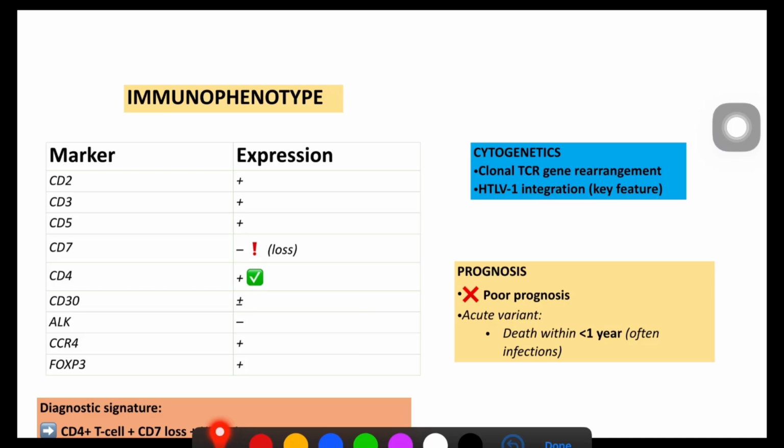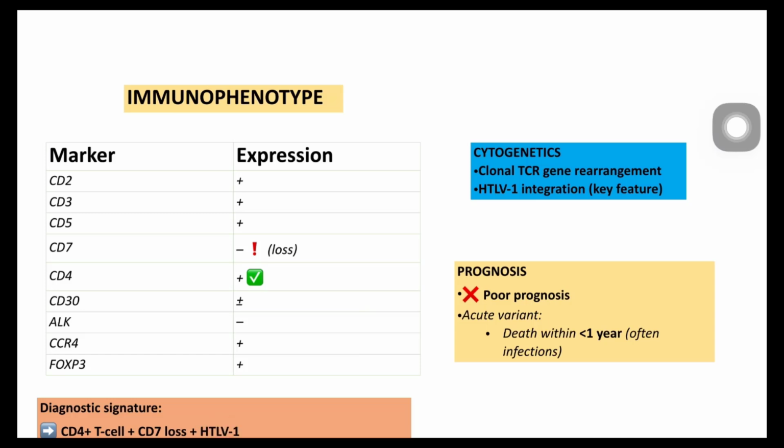Immunophenotype, if we see CD2, 3, 5, as this is a T-cell leukemia, T markers are positive. So CD2, 3, 5 positive, CD7 may be absent due to loss, CD4 positive, CD30 may or may not be, ALK negative, CCR4 and FOXP3 positive.